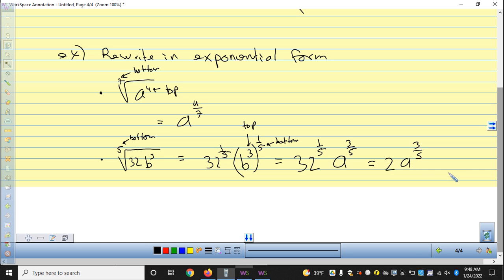So my final answer would be 2b to the 3/5. Yes? Can I ask why it changed from B to A? Oh, no good reason. Maybe because there was an A up here.